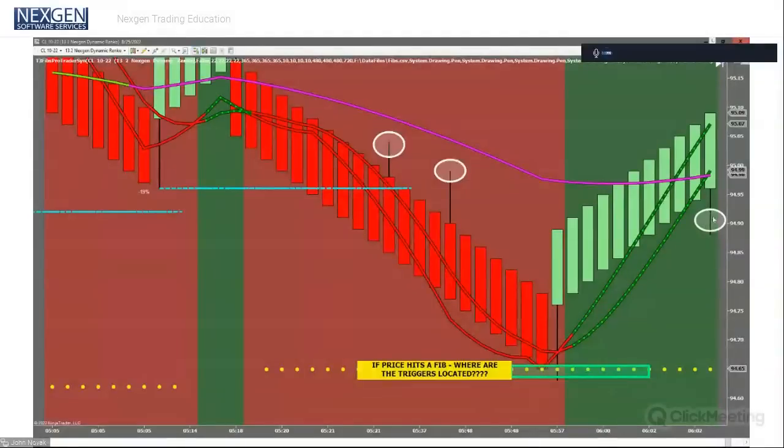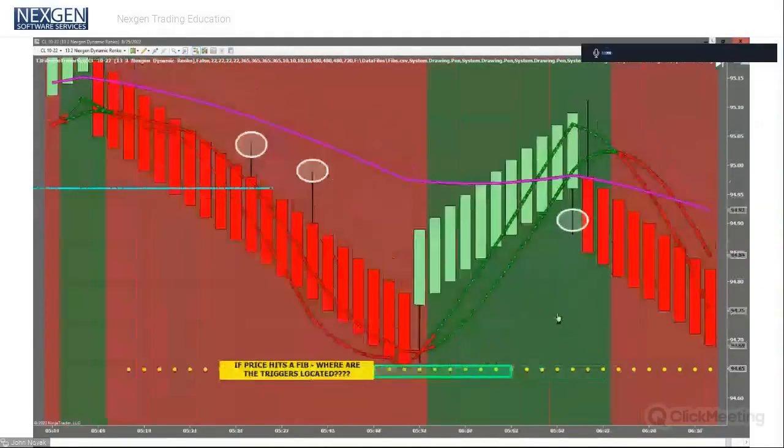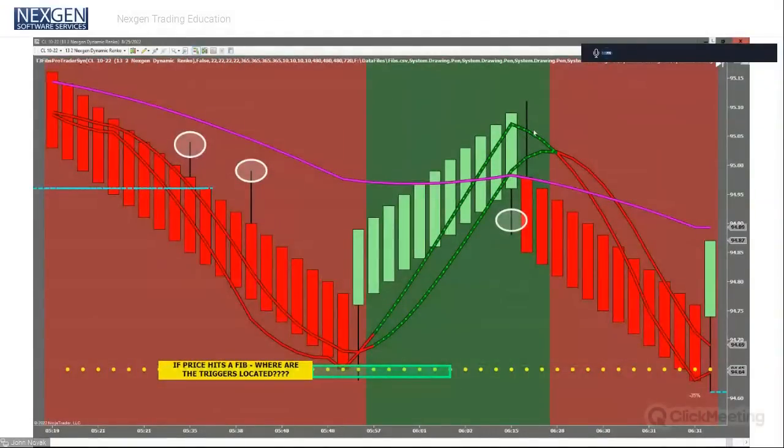Now, is it going to keep going? We never know, right? So we may have some management issues or something, who knows? And then, again, look, we have to look at it in the same light again. And we ask the same question twice. Did the triggers get past the yellow 1-to-1 dots?